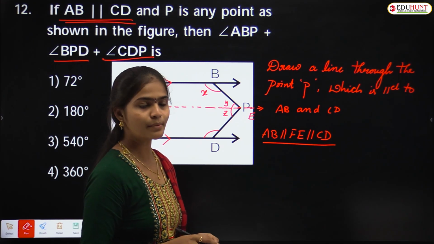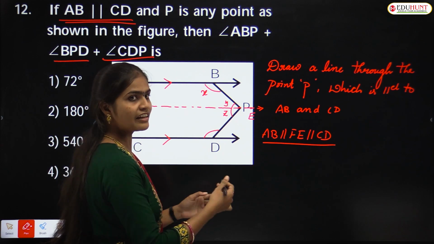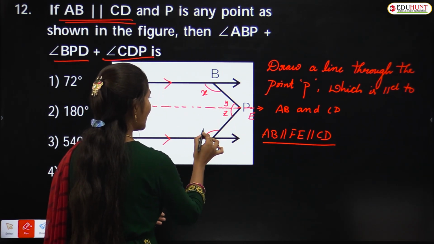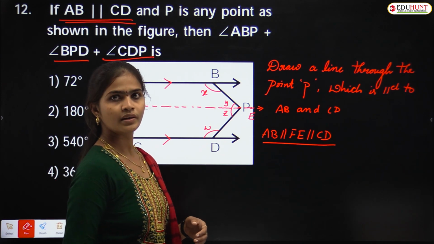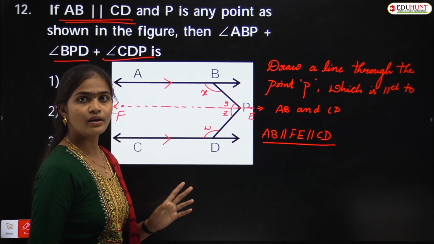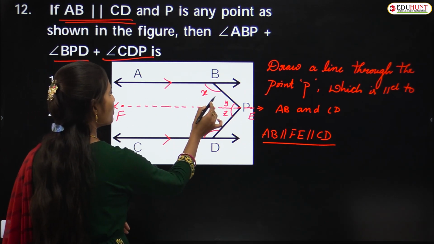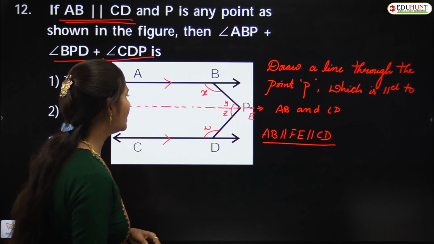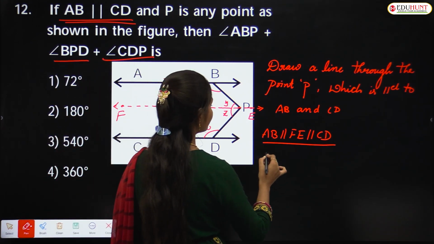So these two are different angles, Y and Z, and this is W. So completely we have four angles. Now what they are asking is the sum of all these angles. So let us see.